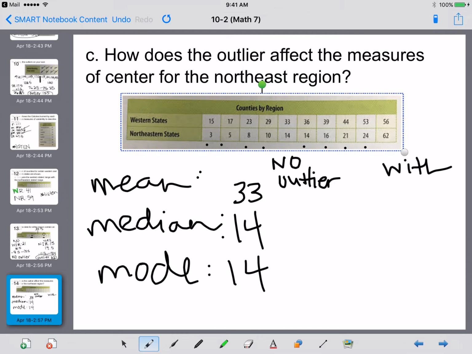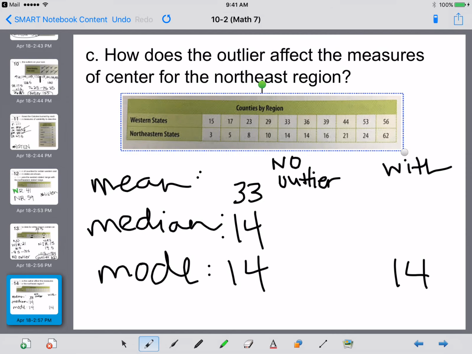Including our number 62 here, our outlier, our mode will not change. So our mode is still going to be 14. But I think everything else might. We'll see. That's my prediction. So to figure out our mean, we're going to take our 160 and then add 62 onto that to get 222. What we also do now is divide by 10 instead of 9 because we're including all of the numbers.